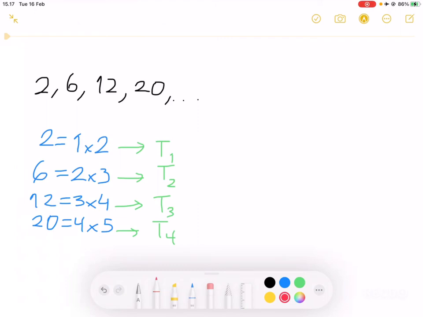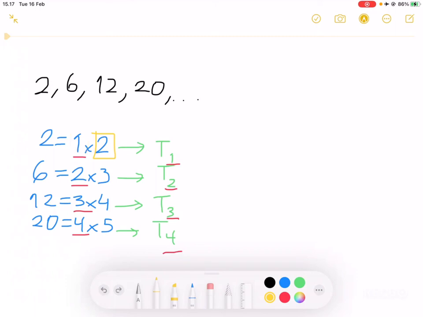Notice there's some correspondence of numbers. Notice that this one corresponds with this one, this 2 corresponds with these 2, and then so on. And then the rest of these numbers, 2, 3, 4, and 5, is just a natural number above the number that you are multiplying with.